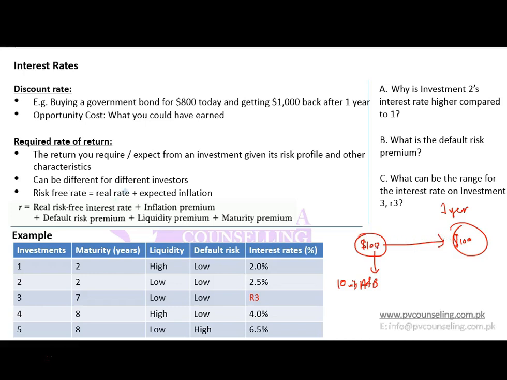Time value of money means that money tends to lose value over time. So $100 or $1 or any amount as of today will not be the same as that amount after 1 year or 2 years. Maybe with this $100 you are not able to buy 10 units. Maybe for the same products you are only able to buy 9 units or 8 units or whatever.